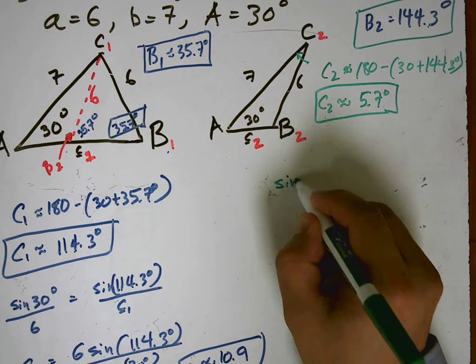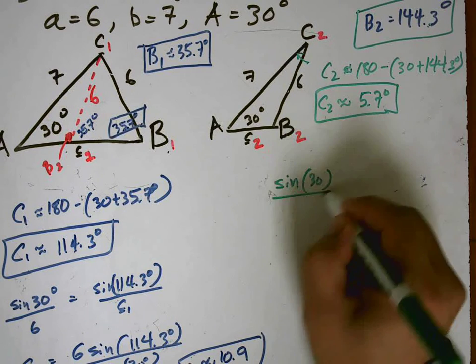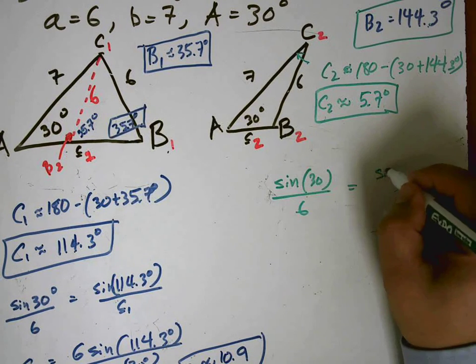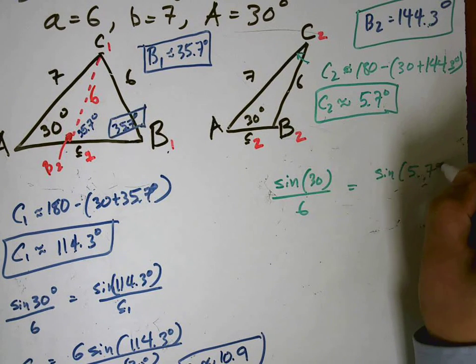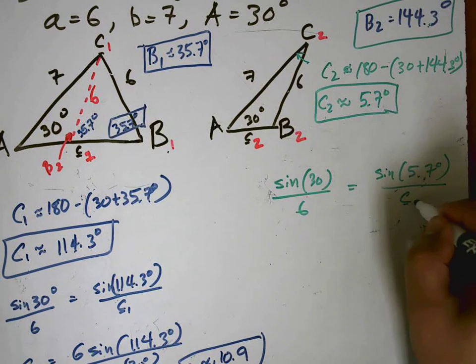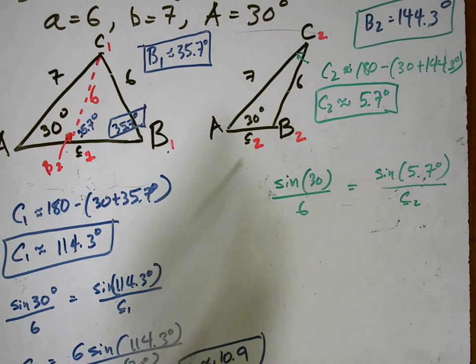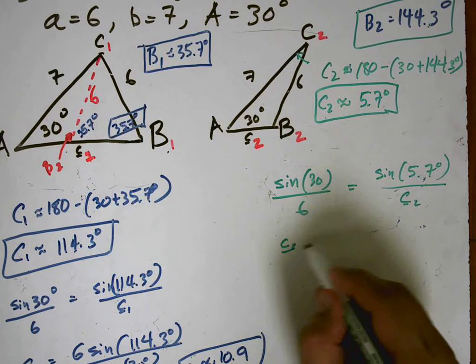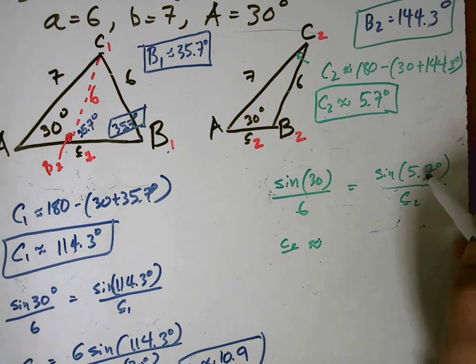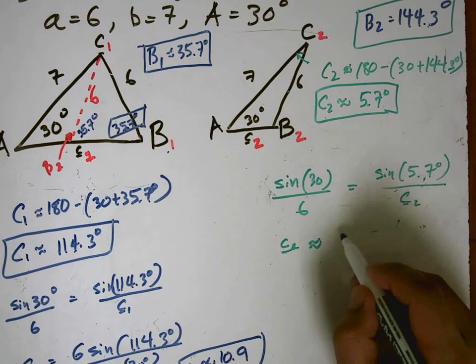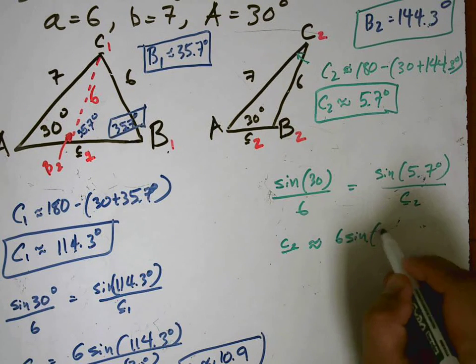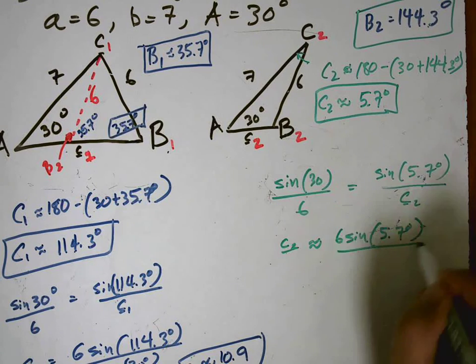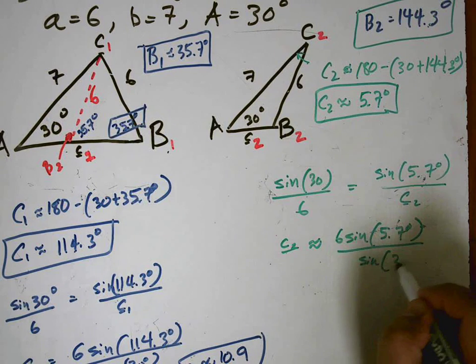So now I can use the law of sine again. Sine of 30 over 6 is equal to sine of 5.7 degrees over little c2. This side right here. Little c2 is approximately, because this is an approximate number, 6 times the sine of 5.7 degrees divided by sine of 30 degrees.